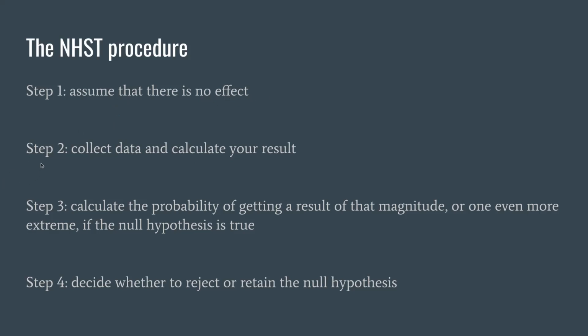Step 2, collect data and calculate your results. Step 3, calculate the probability of getting a result of that magnitude or one even more extreme if the null hypothesis is true. Step 4, decide whether to reject or retain the null hypothesis. We will go into more detail step by step.